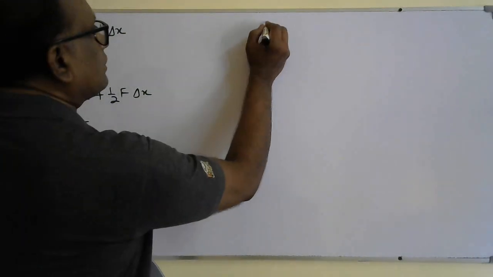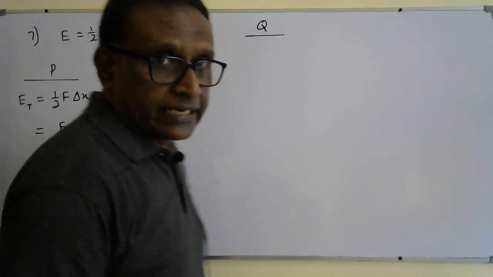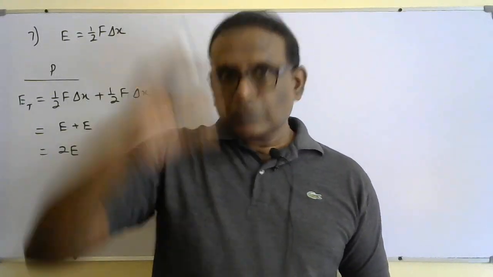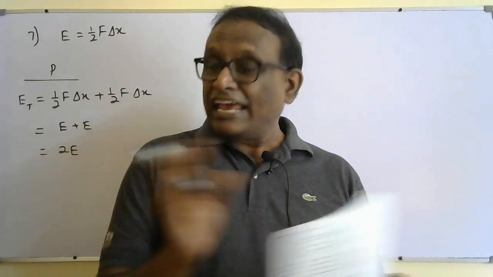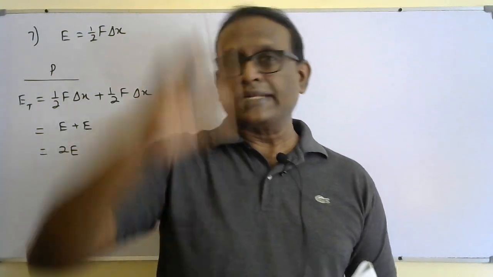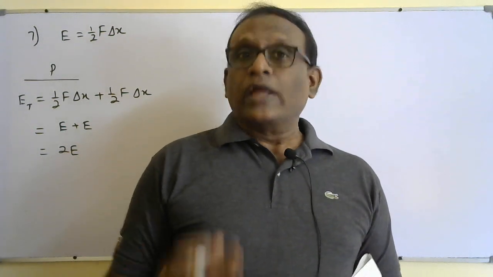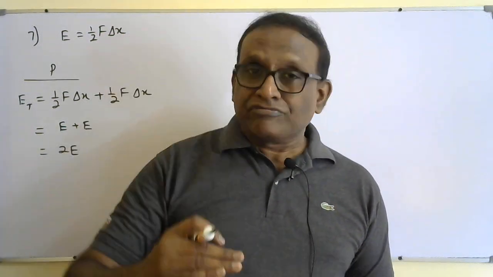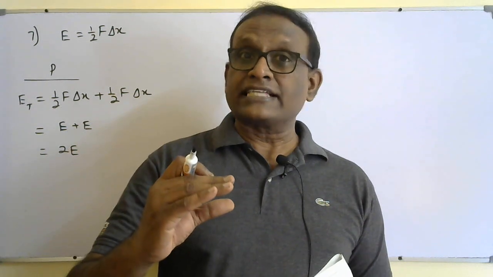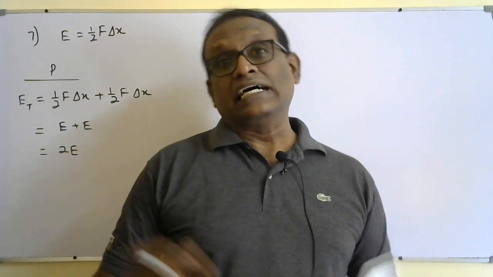Now when you think about Q, I told you already, each spring will have force F by 2. The parallel springs, each of them will have tension F by 2. When the force acting on it becomes F by 2, each spring will have half the earlier extension.